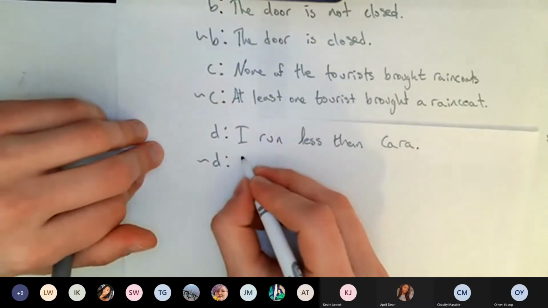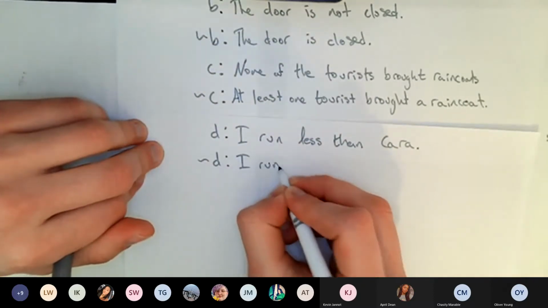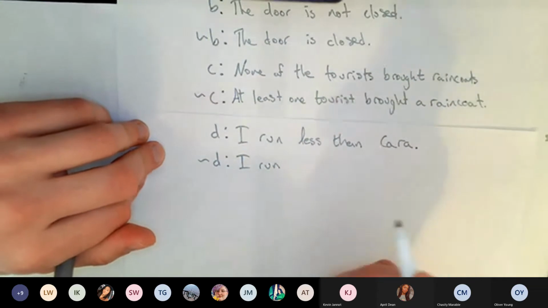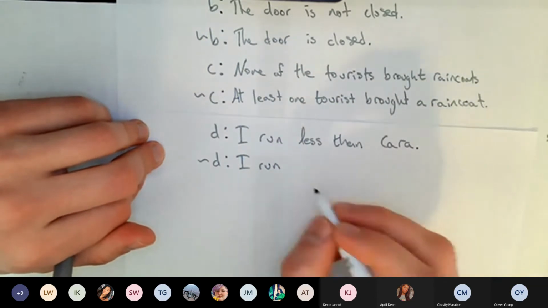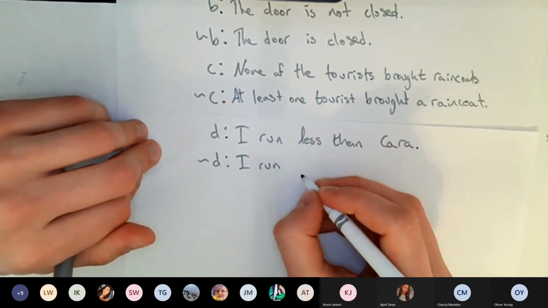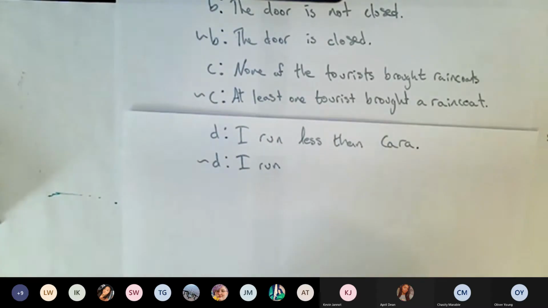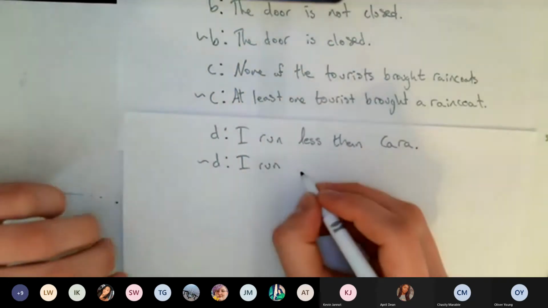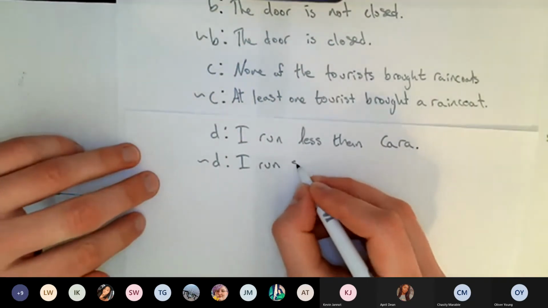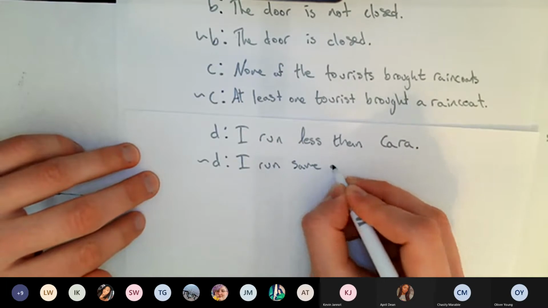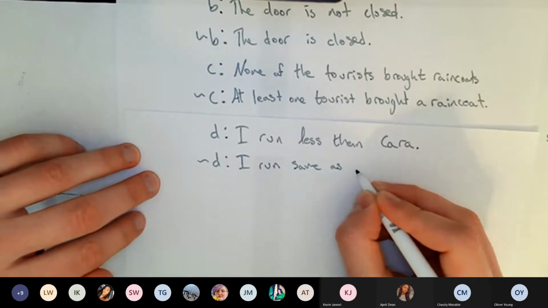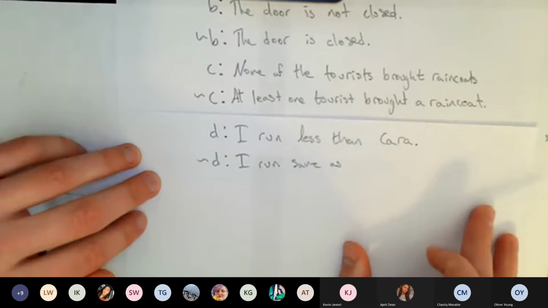So my negation here should be I run more or equal to. I'm trying to get this to be grammatical. Sometimes you figure it out and you're like, okay, now how do I make this English grammar work? Let's just say the same distance, but we'll be just as vague as they were up here.